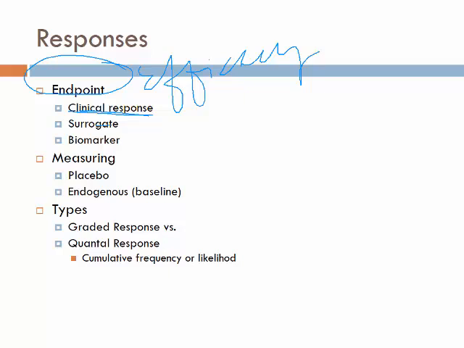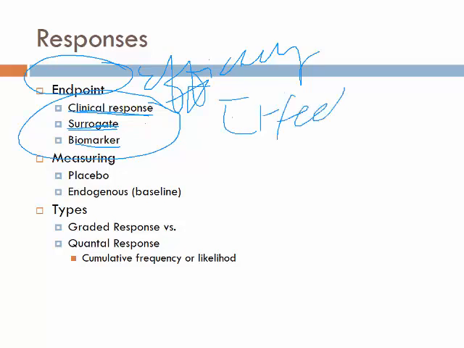We could be looking at a surrogate, so something that is going to change that is a surrogate for our response that we need. Maybe there's a biomarker. Maybe we're looking for a decrease in HbA1c or something like that. So there may be different things that we're looking for to measure our efficacy or the effect, because remember, this is all about concentration effect relationship.